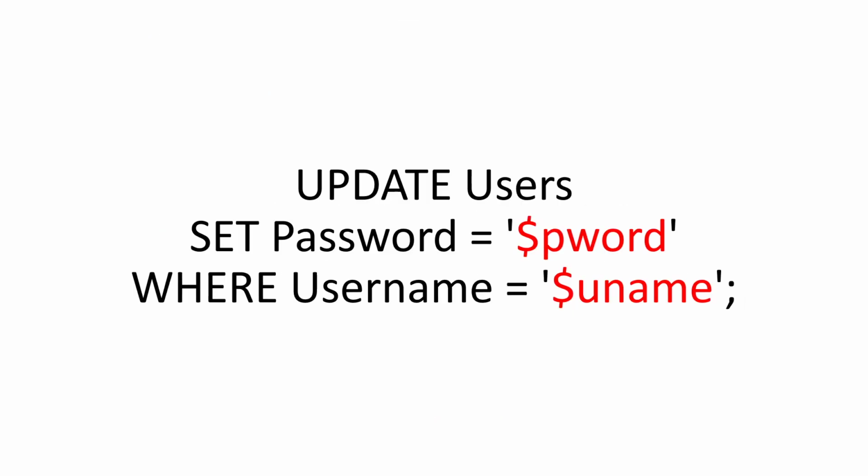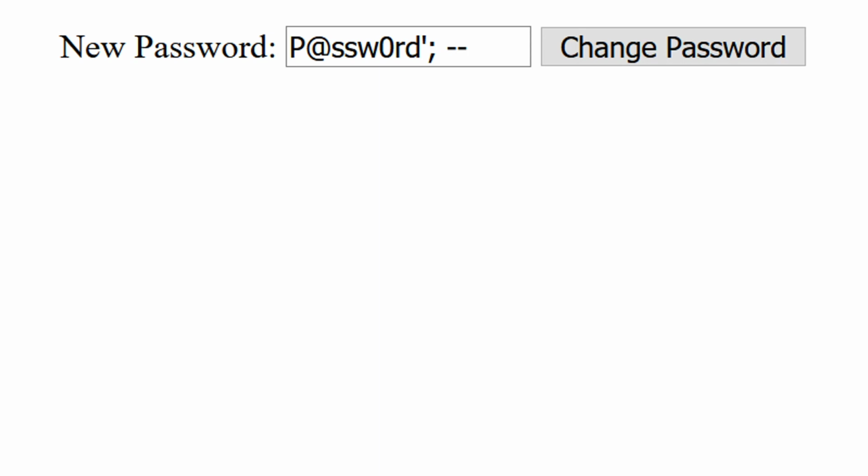Next, let's look at a situation where you're changing your password. Maybe you've used an update statement in your web app that updates users, setting the password equal to a value where a specific username is set to a particular value. So in this case, it might be set password to your new password where username is equal to Robert. We can craft an input that looks like this, setting a new password, closing a quote, semicolon dash dash.